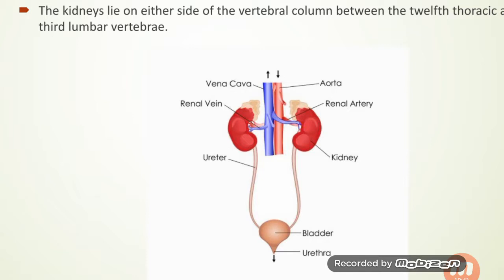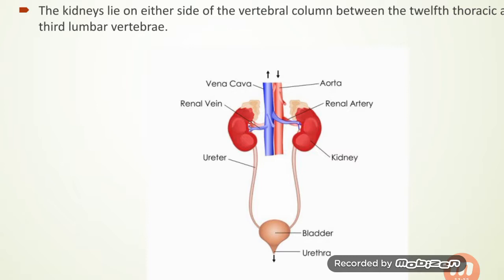The right kidney is a little lower than the left kidney, and the difference is about 0.5 centimeter. The total weight of the kidneys is less than 1% of the total body weight, while they receive 20% of the blood supplied with each cardiac beat.